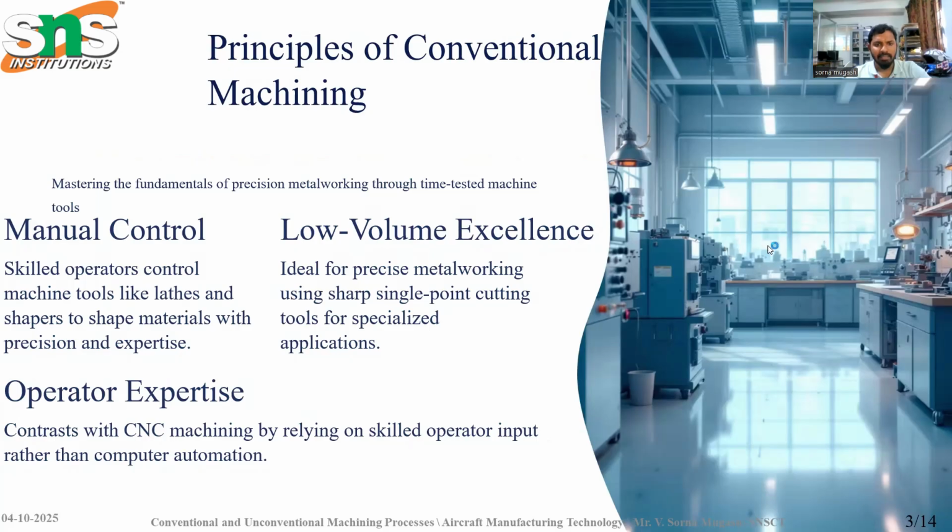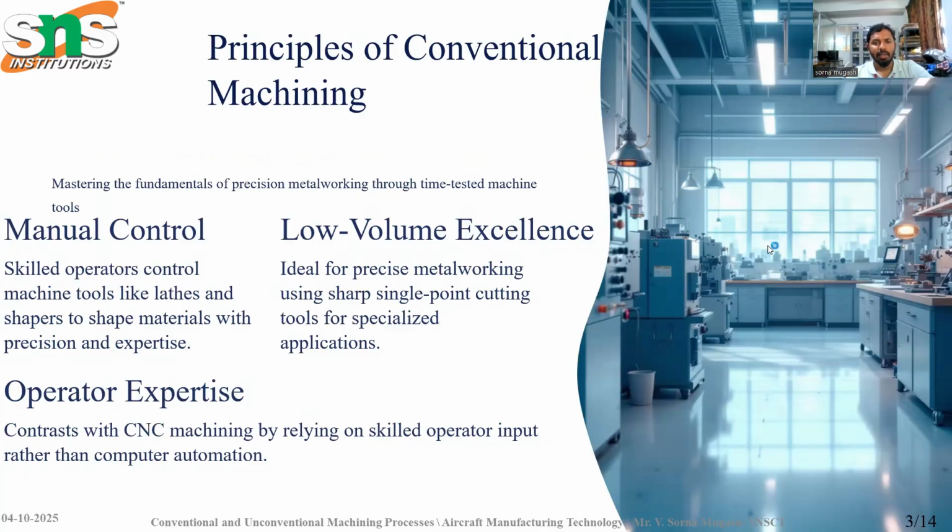So conventional machining is all about mastering precision metalworking through reliable, time-tested tools. The picture is described as manual control with skilled operators, guided through the lathes and the shapers with expert precision and no automation needed. It's perfect for low-volume excellence, using sharp single-tool cuttings for specialized jobs.